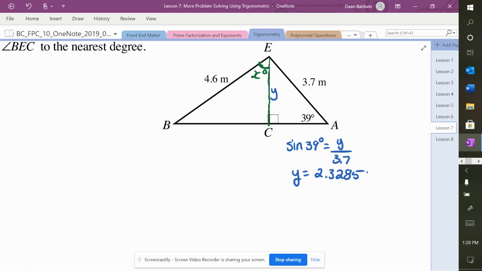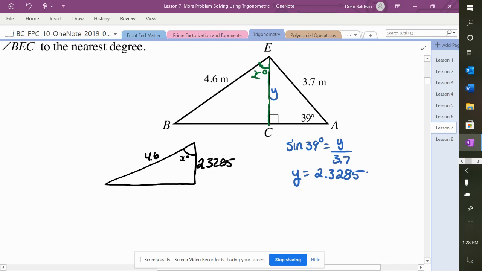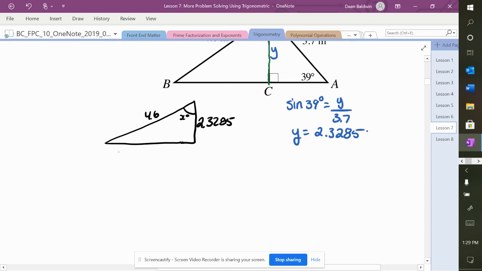Okay, do I have enough information to solve for x? I do, because I know this side now, and I know that side, and this is the angle I want. So what two sides am I involving here? Based on this triangle, so I'll draw this triangle. This is my unknown. This is 4.6. This is 2.3285. So that's adjacent and hypotenuse, which is cosine.